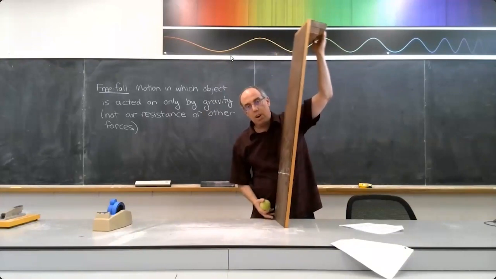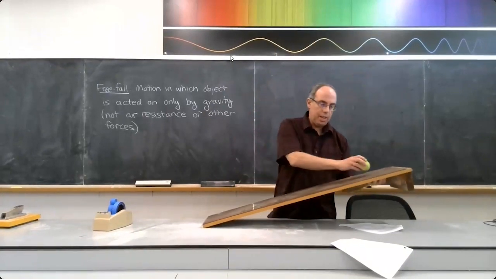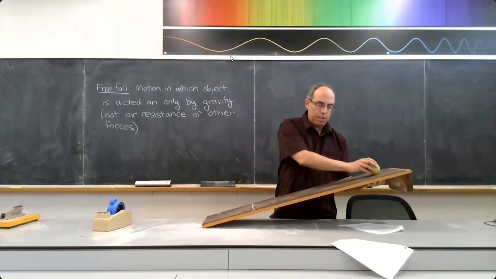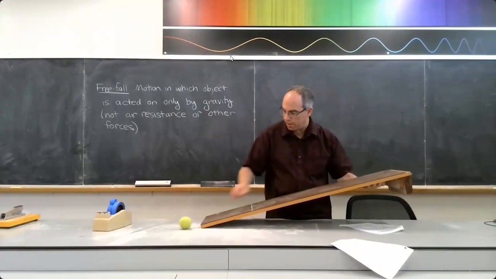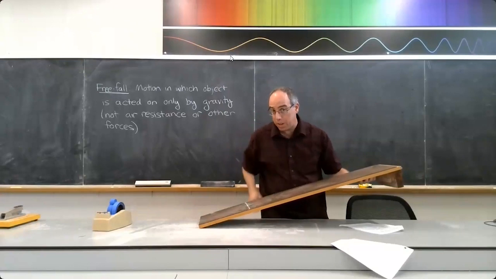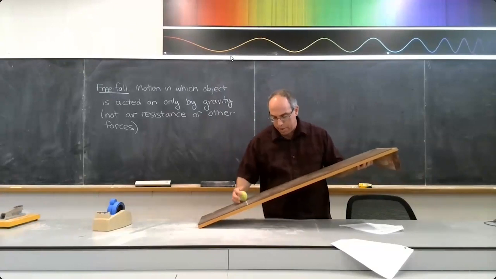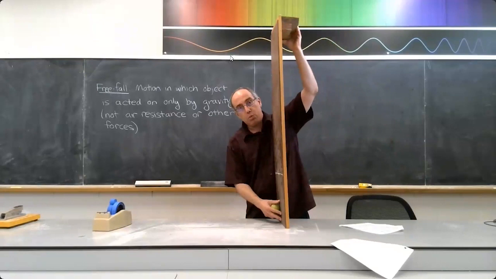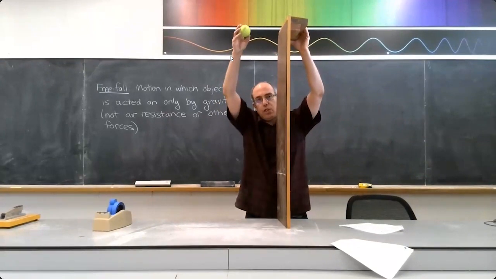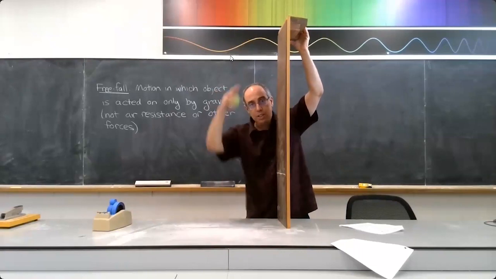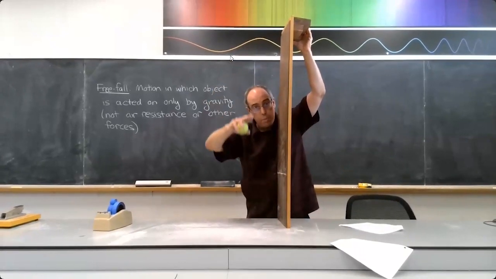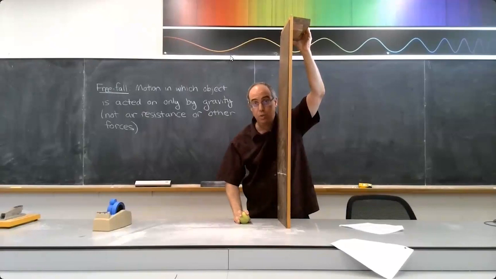Right? So if we can believe that a tennis ball is accelerating or picking up speed as it goes down the ramp, it seems reasonable to infer that if I just release the tennis ball from my hand, it is accelerating or picking up speed on the way down as well.